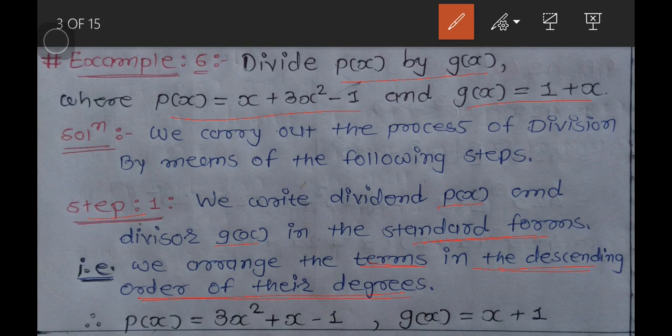So we have put it in standard form as p of x is equal to 3x square plus x minus 1, and g of x in standard form is x plus 1. So our first step is that we write our dividend and divisor in standard form.